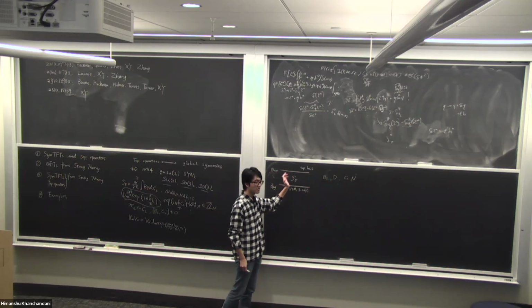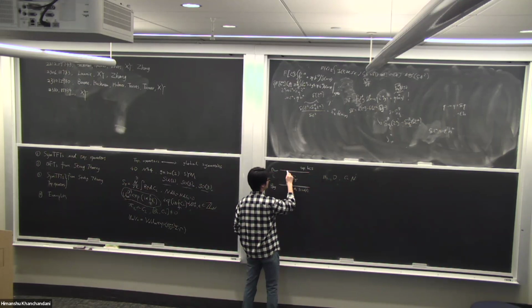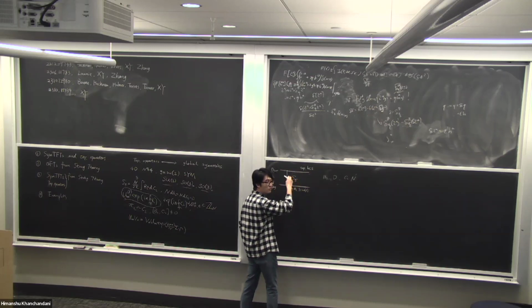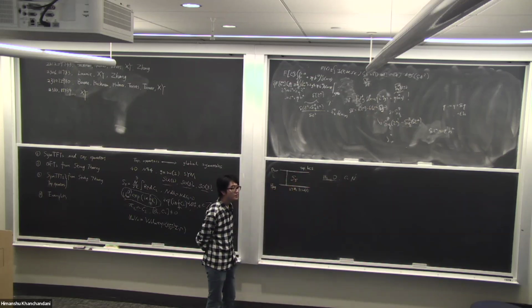It's not dynamical anymore. If you have a B2 operator, something like this, it will stop here. It won't keep fluctuating, or it cannot continue its worldvolume along this thing because its profile is fixed.